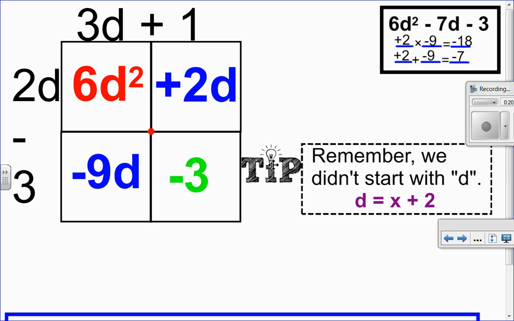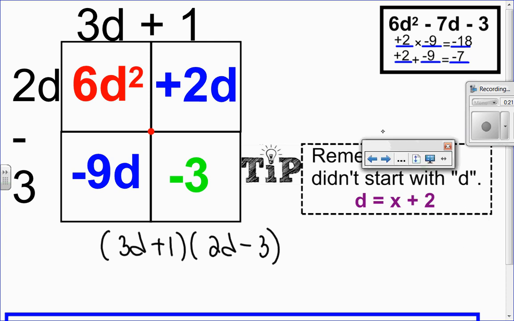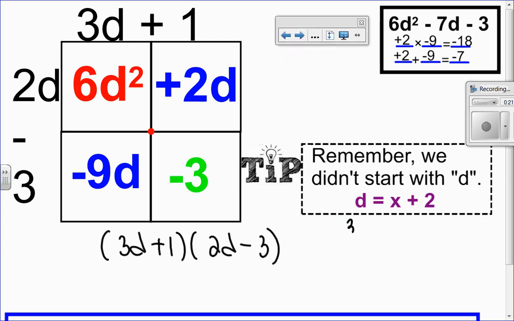When we're factoring this, remember, we actually didn't start with d. While it looks like the factors would be 3d plus 1 times 2d minus 3, we actually started with x plus 2's, or x's. If d equals x plus 2, 3d would be 3x plus 6.